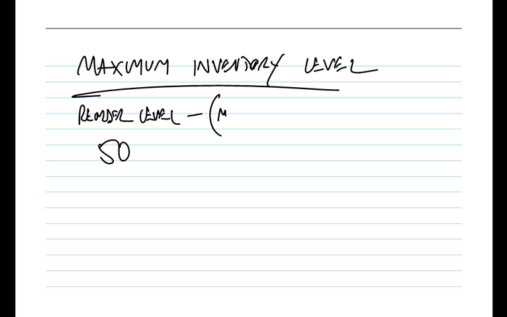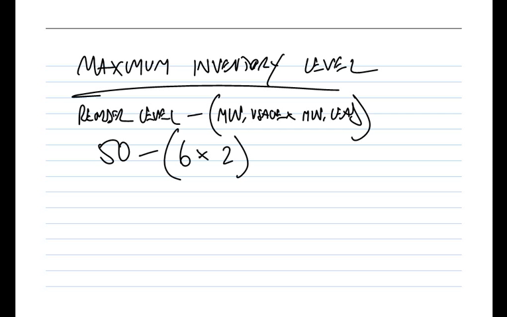But we're now going to knock off the minimum usage times the minimum lead time, because they may only be using 6 units a day, and the supplier may turn up after only 2 days. So you can imagine if that happened, we'd only have sold 12 units by the time the supplier arrives.